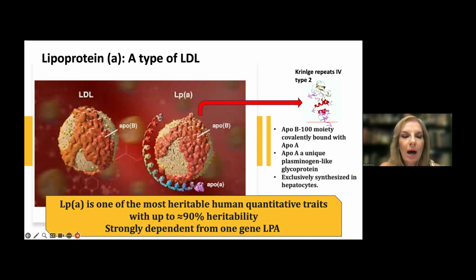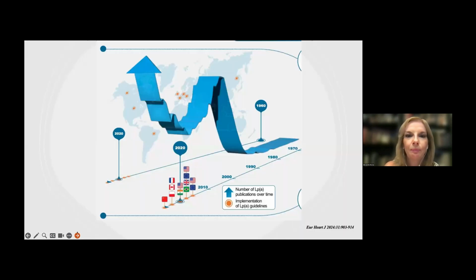In contrast to other types of lipids, lipoprotein A is one of the most heritable human quantitative traits, with up to 90% heritability, without any important impact from diet or environmental factors. It is strongly dependent on one gene, LPA, so it's a monogenic lipoprotein.